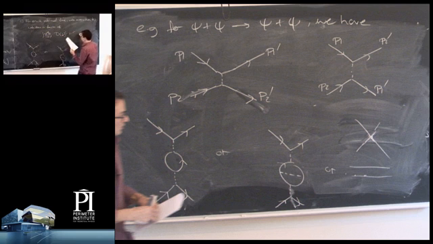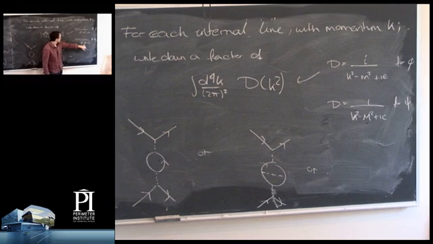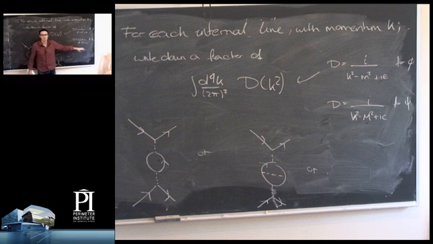What do I mean by this? All these propagators were written as integrals over d4x anyway, so we just strip off that d4x. This is the Fourier transform of the Feynman propagator. The only difference between having a phi particle or psi particles, whether it's little m or big M, is the masses of the particles.